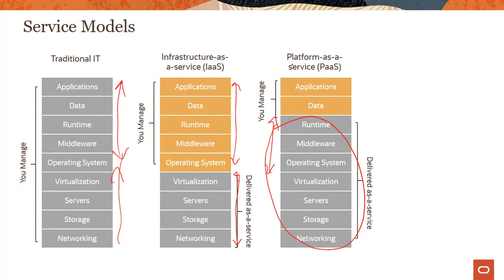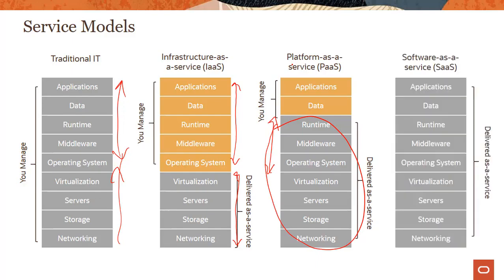You have this consumption based pricing, so your functions run only for a certain period and you only pay for the invocation. It's not like your virtual machine is running based on an hourly billing model where even if you don't use it you're still paying for it. So Oracle Functions, serverless in general, is a good example of platform as a service.